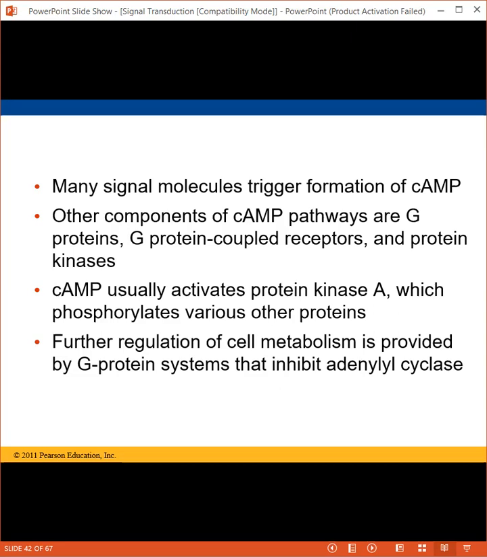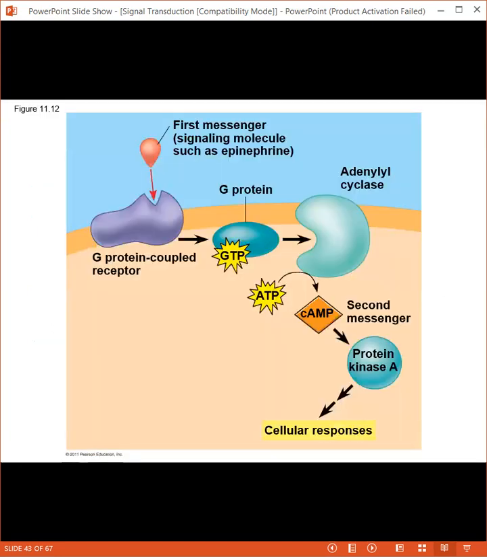Further regulation of cell metabolism is provided by the G protein coupled receptor systems that inhibit the adenylyl cyclase mechanism. So here is the pathway. When a first messenger, for example the hormone epinephrine, binds to this GPCR, the G protein is activated, and the activated G protein, with the help of adenylyl cyclase, cleaves the ATP molecule to form this cAMP molecule, which acts as a second messenger.